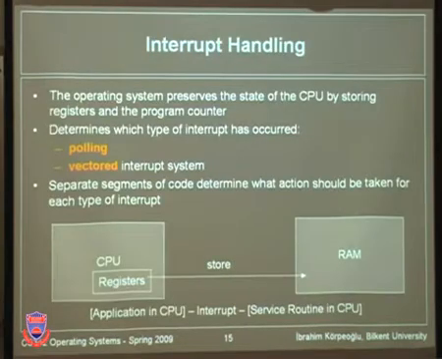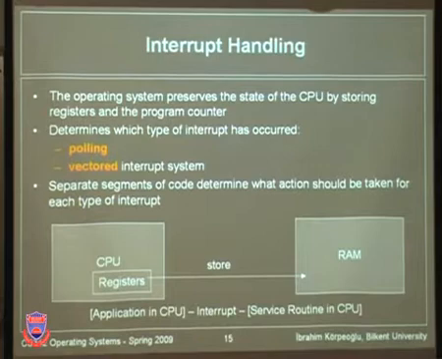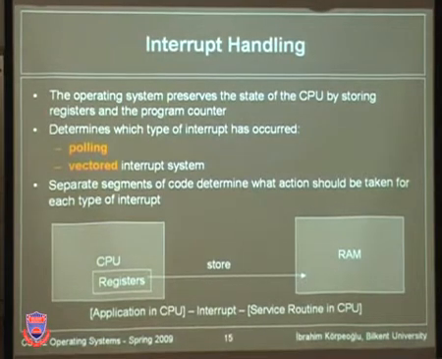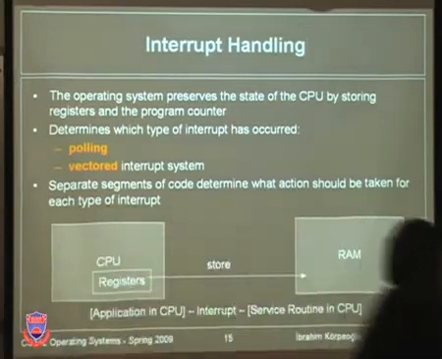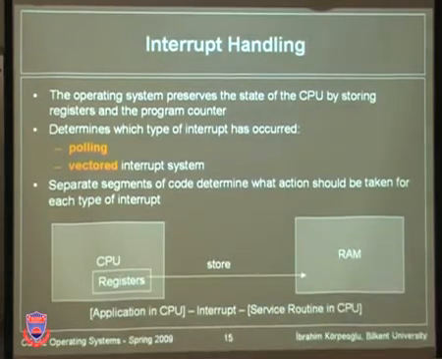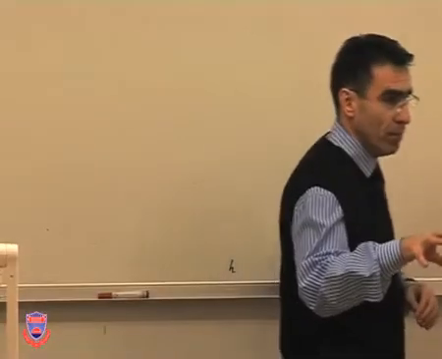So what happens while the interrupt is handled? After suspending the currently running application, the operating system preserves the state of the CPU by storing the registers and the program counter related to the suspended application to memory.